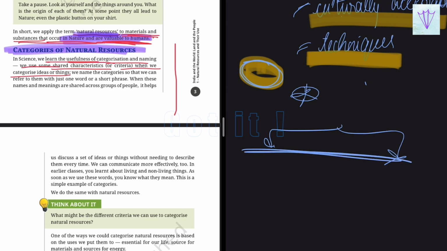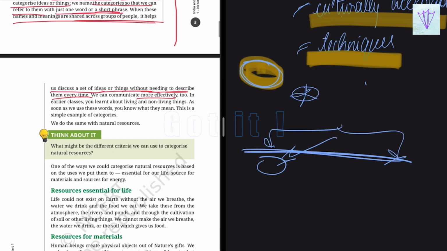In the same way, for natural resources also, we should have some categories. We name the categories so that we can refer to them with just one word or a short phrase. When these names or meanings are shared among groups of people, it helps us to study a set of ideas or things without needing to explain the whole thing each and every time. When we say a simple thing, they understand what we are referring to. So we can communicate more effectively too.